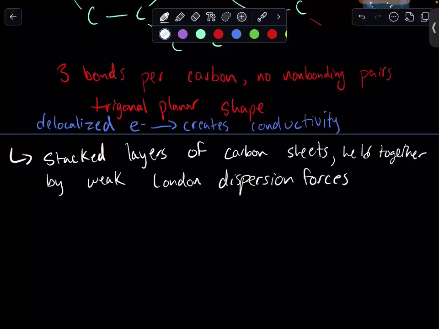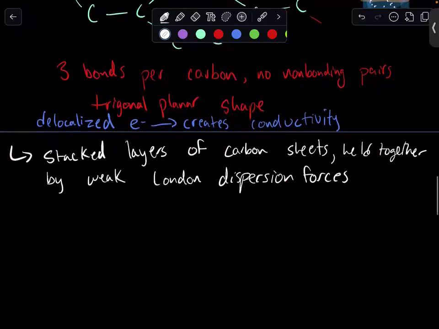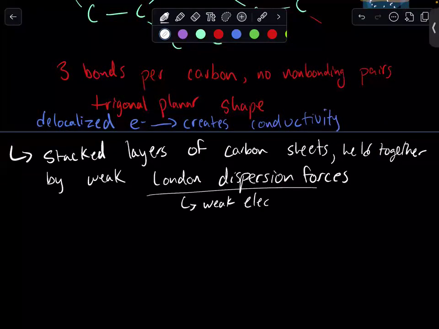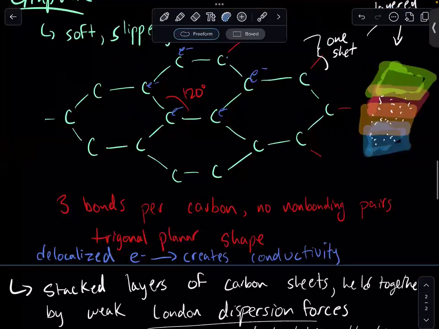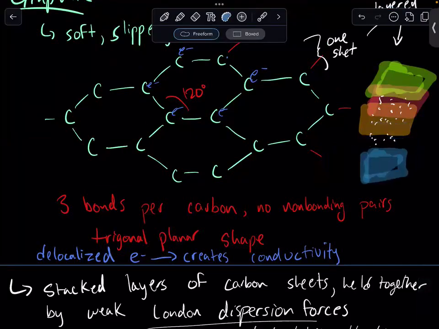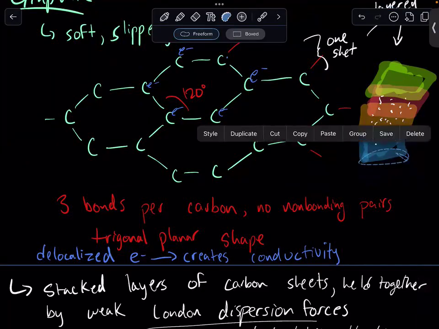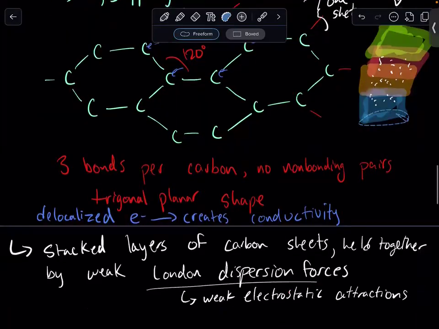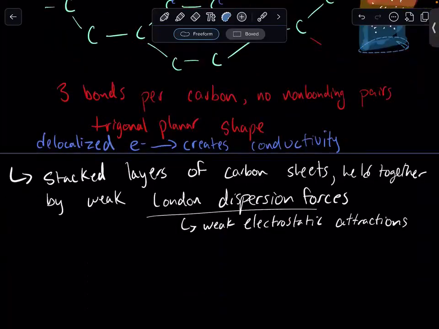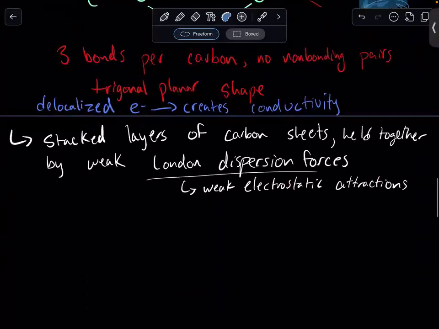Now we're going to talk about this in 2 or 3 videos, but basically you can think of these as just weak electrostatic attractions. So when you write on a page, what you're actually doing is just breaking these sheets off and leaving them behind on the page. And if you have so much, you can rub it around, and that's what you're rubbing around. You're rubbing the sheets across the page, creating areas of graphite on that page.